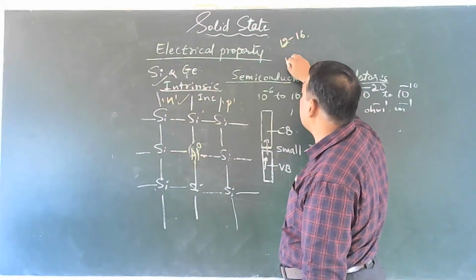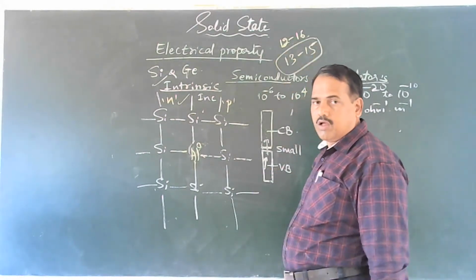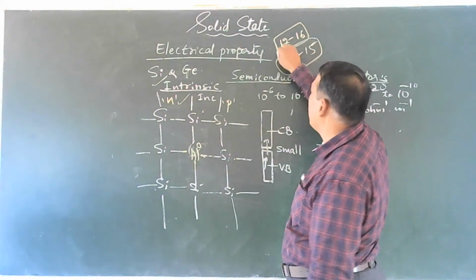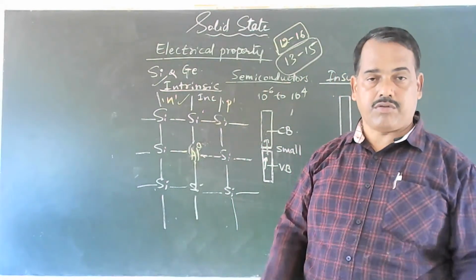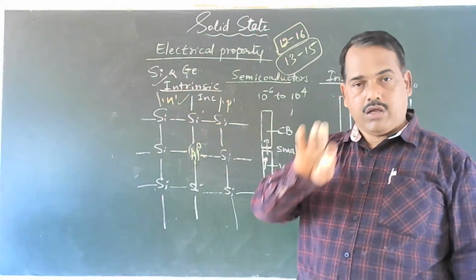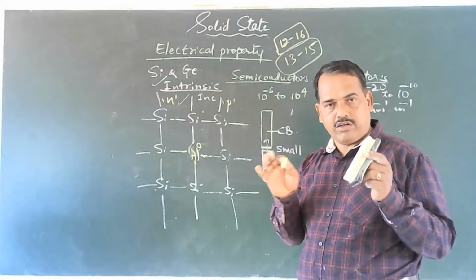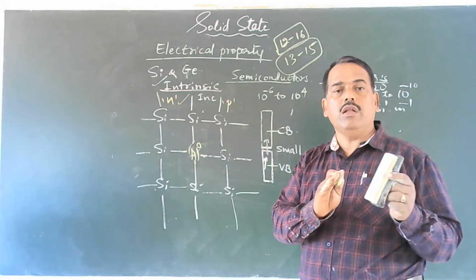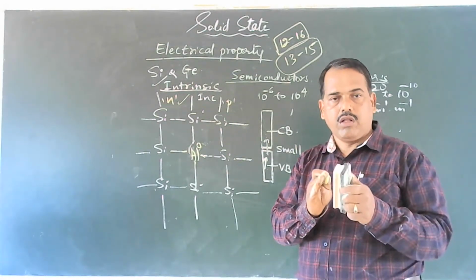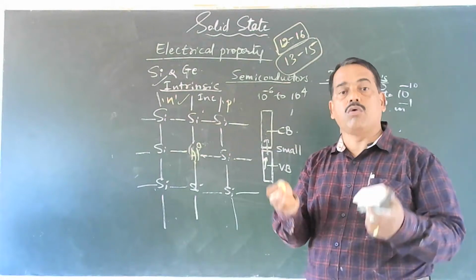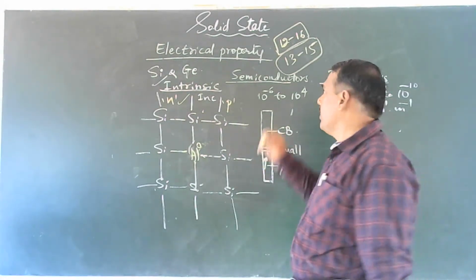If 12th and 16th, and 13th and 15th group elements are sandwiched, we will find metallic conducting substances. Semiconducting phenomena help our scientists work. When 13 and 15 group elements are mixed, they form a particular substance which is a good conductor like copper and aluminium.